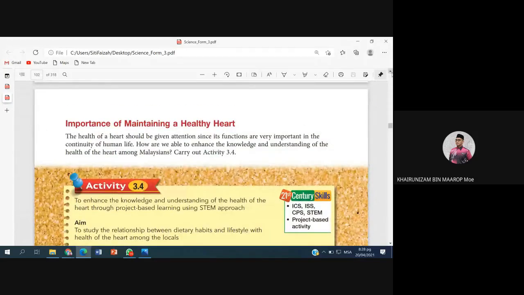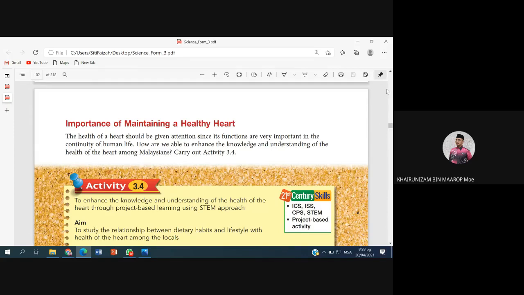So for this one, you can find it yourself. The health of a heart should be given attention since its functions are very important. So kita perlu sangat menjaga kita punya kesihatan. Okay, so this one you can do it yourself.